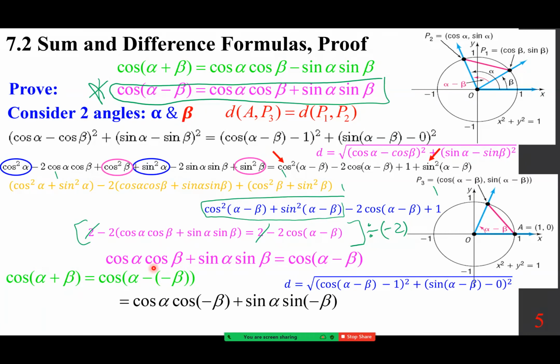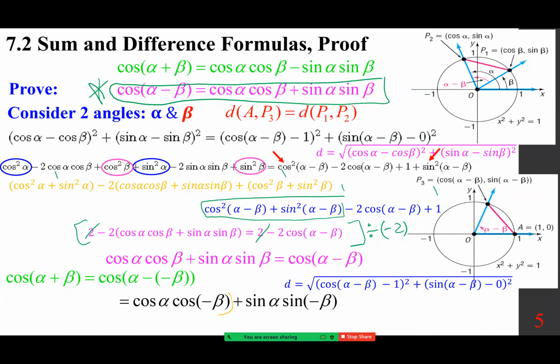So cosine alpha, cosine beta, we're going to replace it with negative beta plus sine alpha, sine negative beta. As you know, cosine is even. So cosine of minus beta is the same as cosine beta.